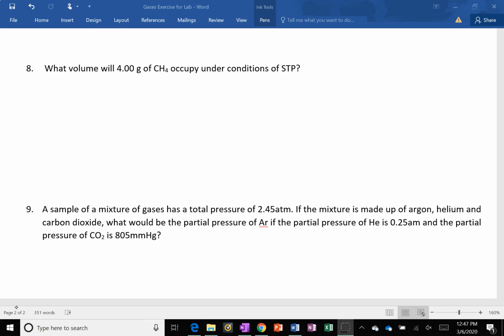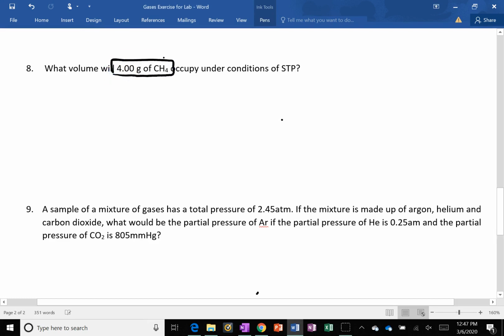We're going to see similar things happening in this problem. It asks us what volume 4.00 grams of CH4, which by the way is a gas, methane, will occupy under conditions of STP. The STP here is your clue that we're going to be looking at molar volume.